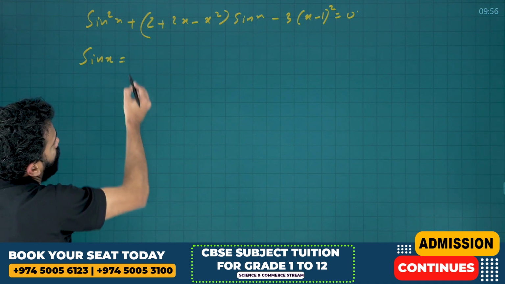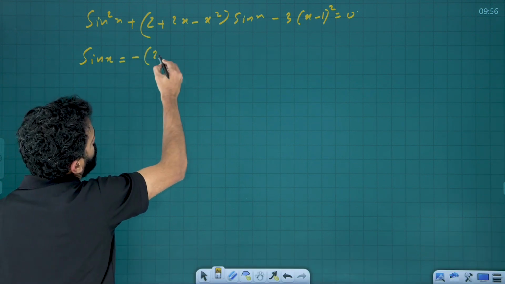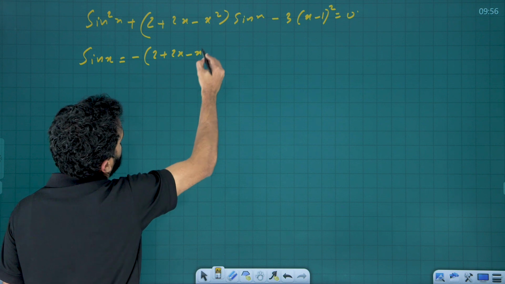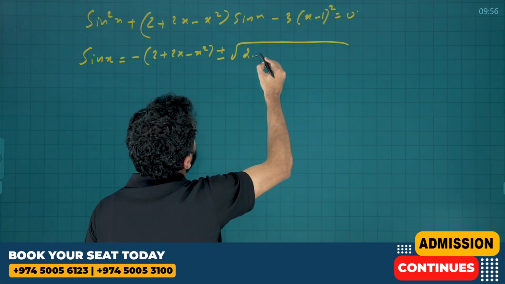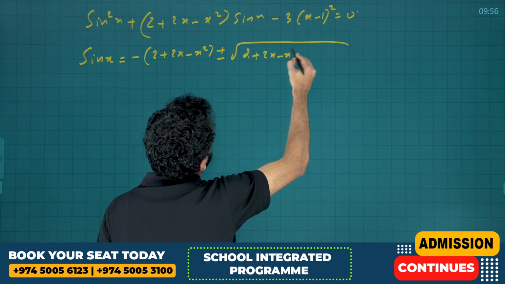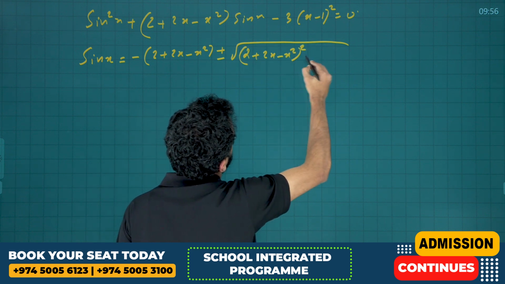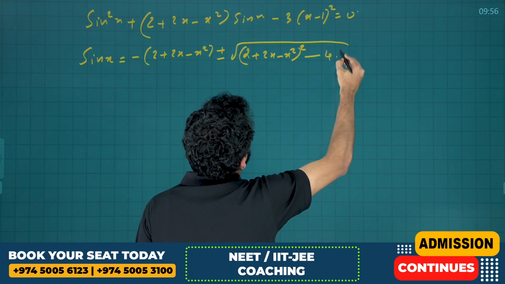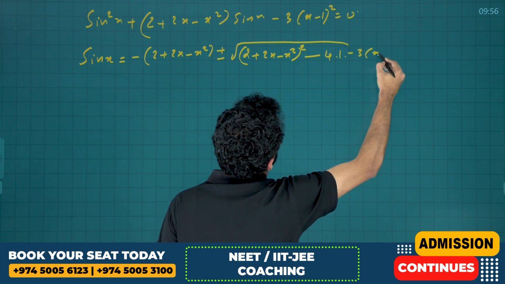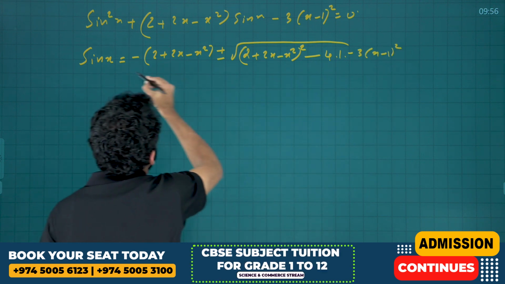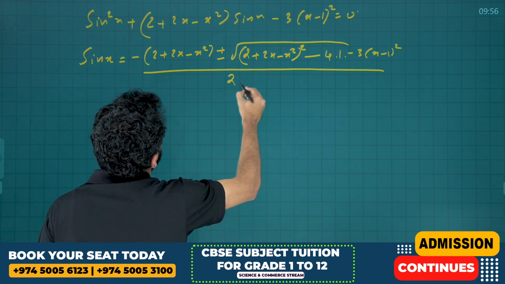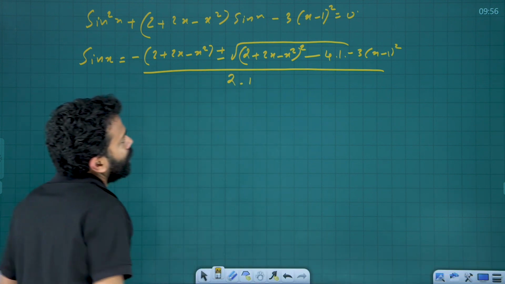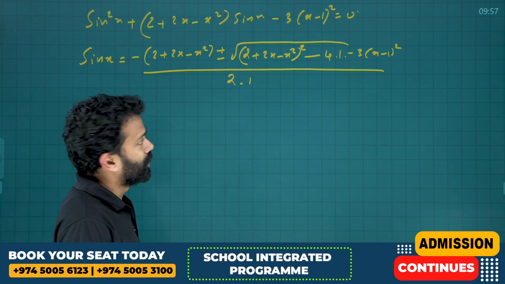Sin x is equal to negative of (2 plus 2x minus x square) plus or minus root of (2 plus 2x minus x square) the whole square, b square minus 4 into 1 into minus 3 into (x minus 1) whole square, divided by 2 into 1. And if you look at the discriminant, it's massive, right?